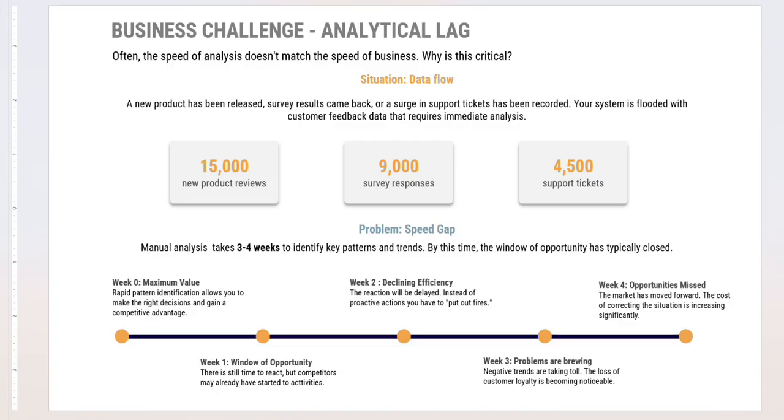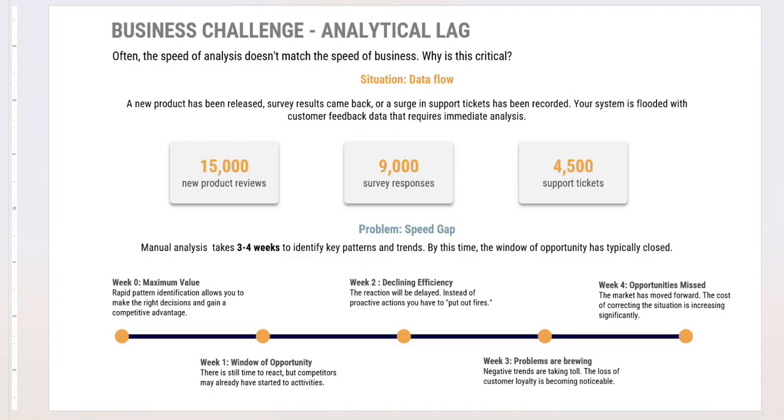So the solution would be useful for survey responses as well, for the analysis of support tickets. And our goal is to shrink the time of analysis from several weeks to hopefully several hours. This is of critical importance.